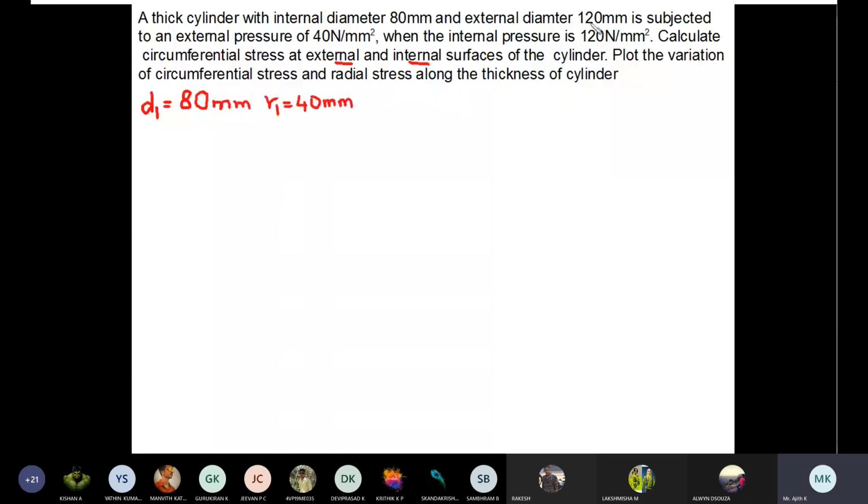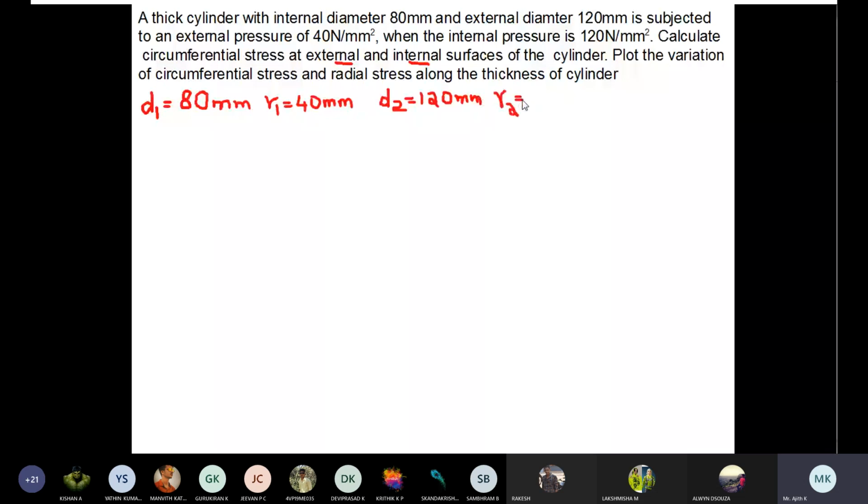In the same sentence, external diameter is given. D2 is 120 mm. That means R2 is 60 mm.